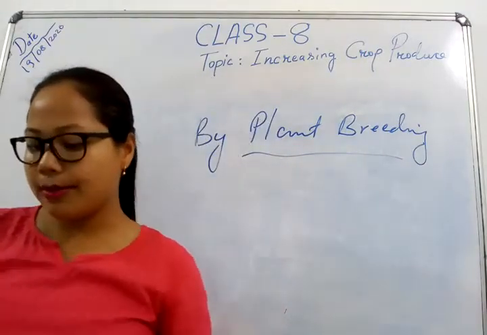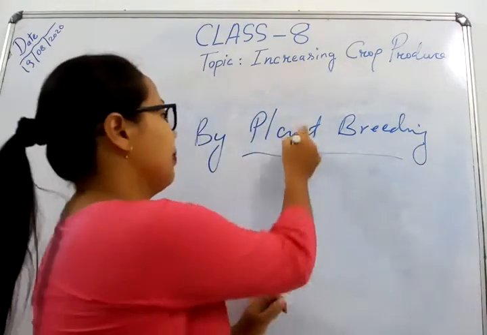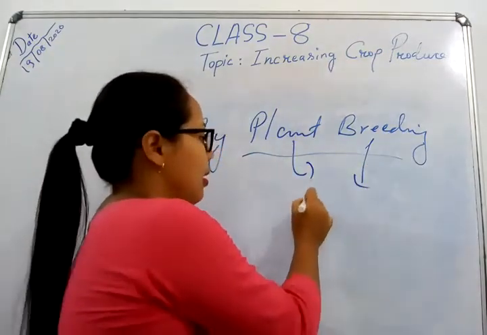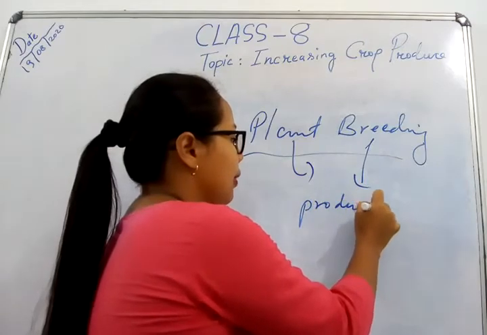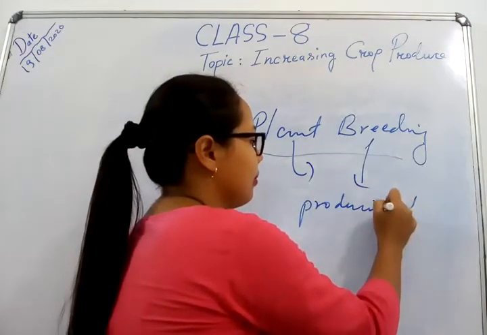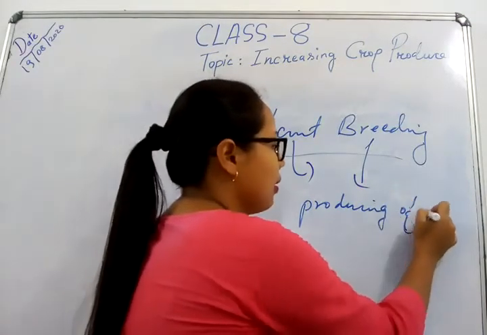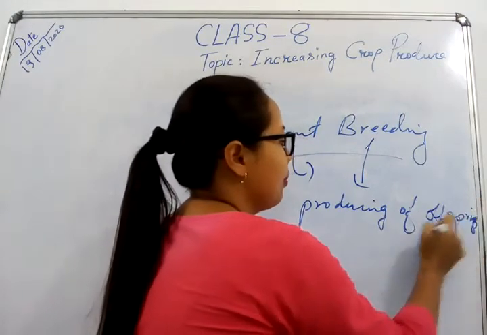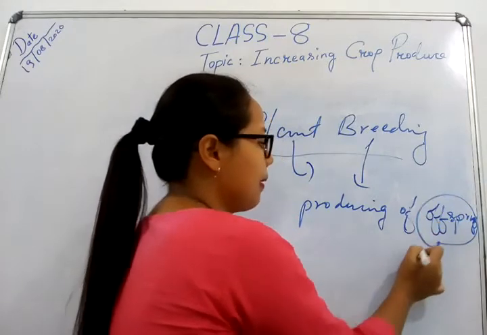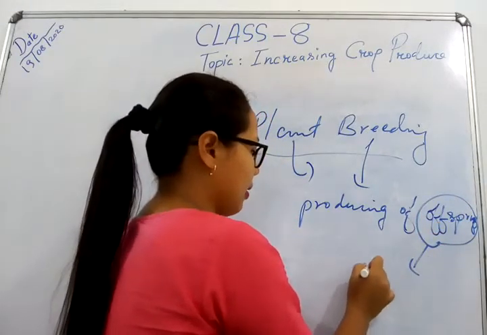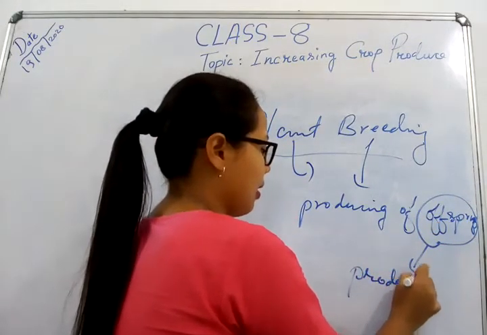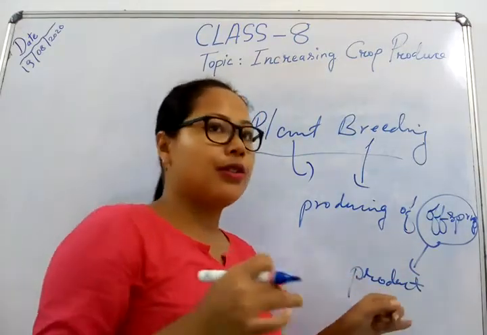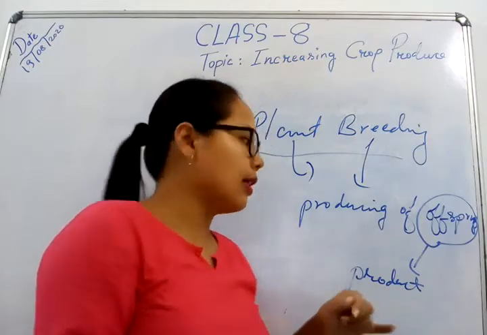Now, what is breeding? It is producing offspring. For humans, children are the offspring, isn't it?